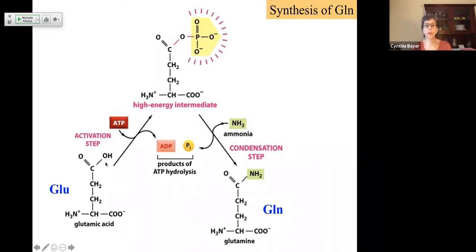In the presence of ATP, in the activation step, ATP will be hydrolyzed, releasing ADP, and that terminal phosphate will form a new covalent bond right here at that hydroxyl group on that carbon to phosphorylate it.